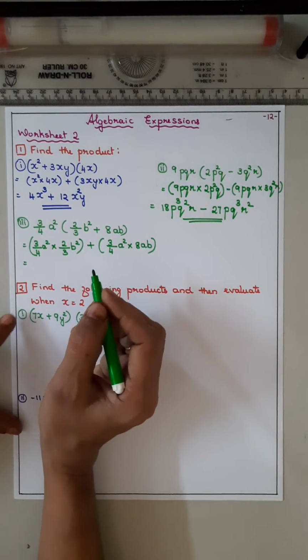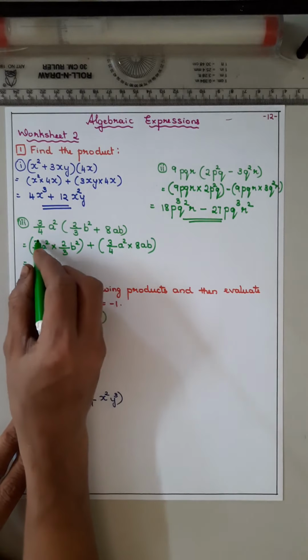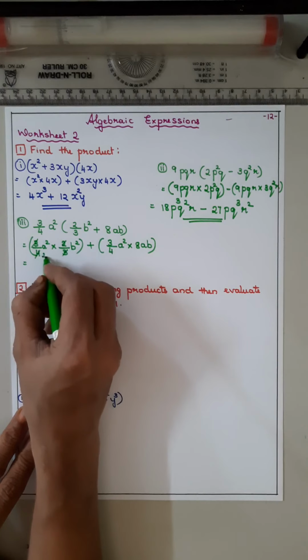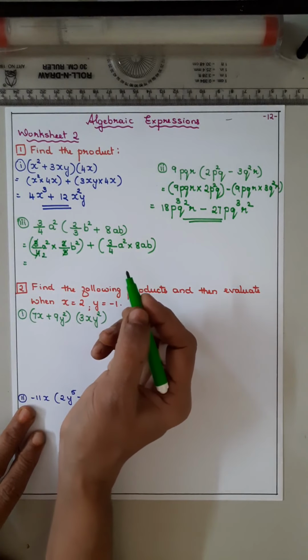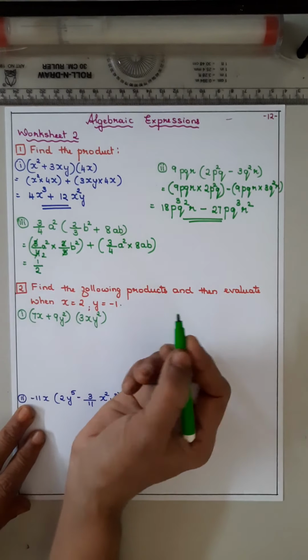Now it is a fraction, so think about the cancellation. 3 ones are 3, 2 ones are 2, 2 2s are... So the number you get is 1 by 2.